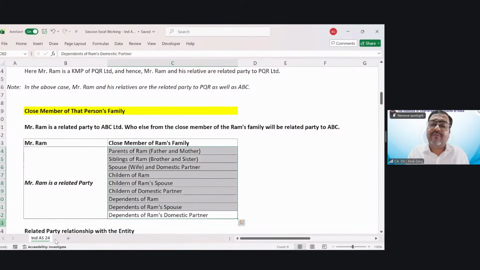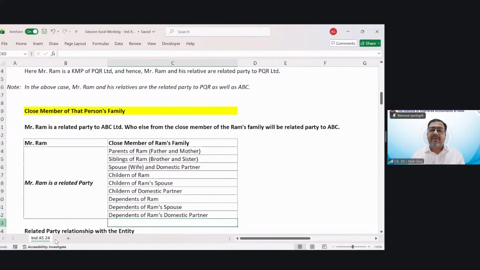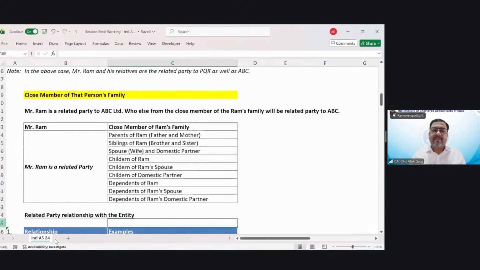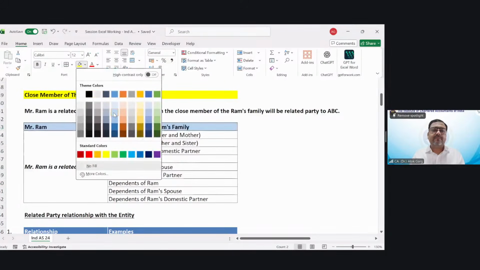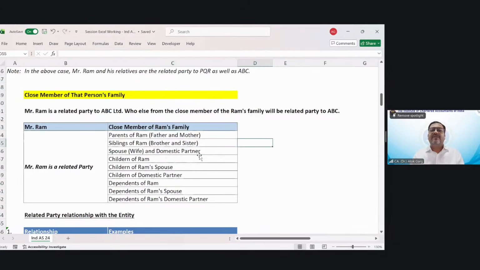I hope now the full clarity is there, right? Every relationship has been covered, right? So these are the meaning of the close member of that person's family, right? So that's what I told Saminathan.